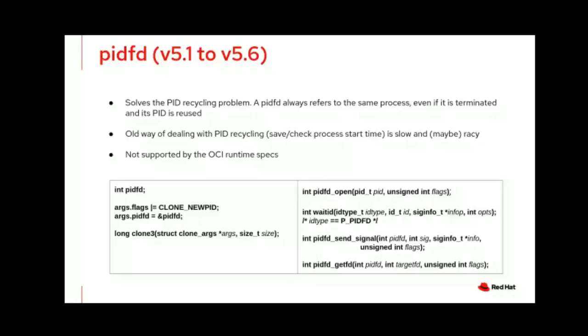And there's a similar syscall to send a signal. And finally, there is an interesting function that allows you to have the file descriptor of a different process shared with you, like you do dup, but not in the context of that other process.